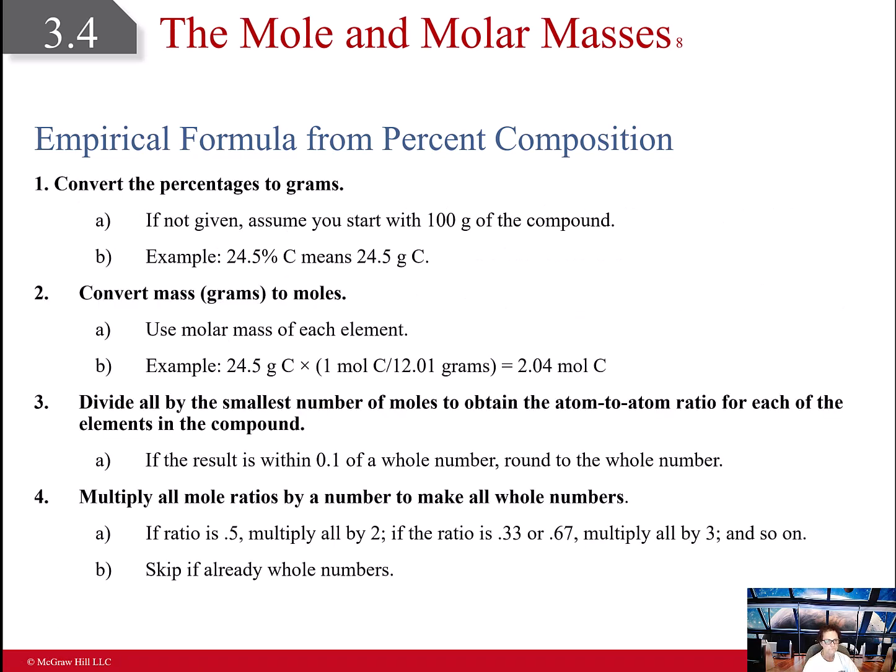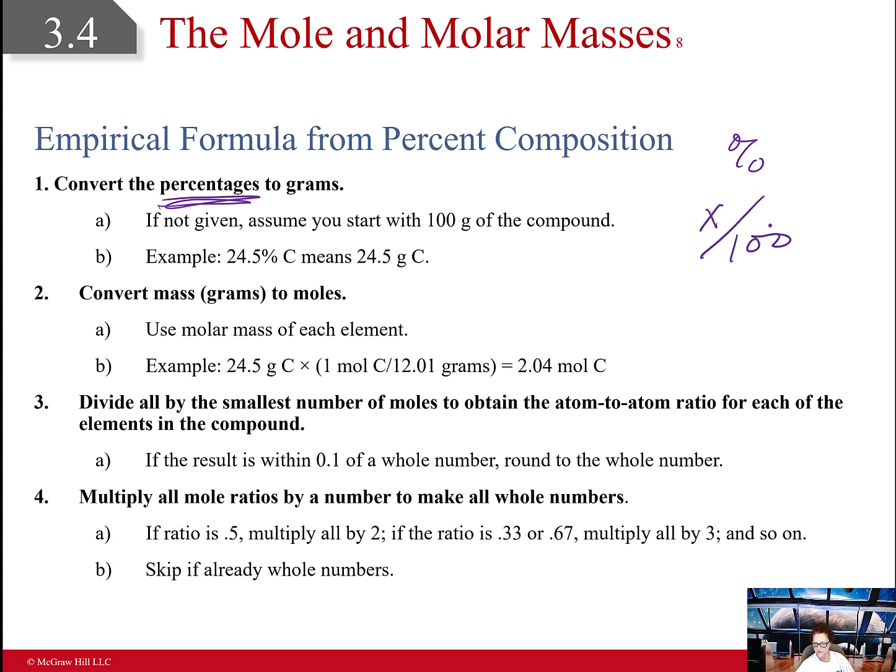So these are the steps for taking percentages to grams and using the percent composition to do empirical formula. A lot of times you get it in percent composition, and so those percentages we're going to convert to grams. Since it's a percent, that means it's how many out of 100.